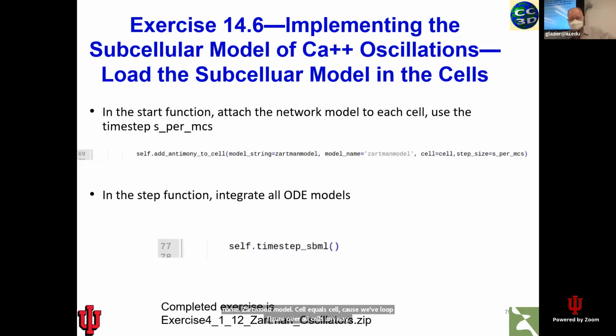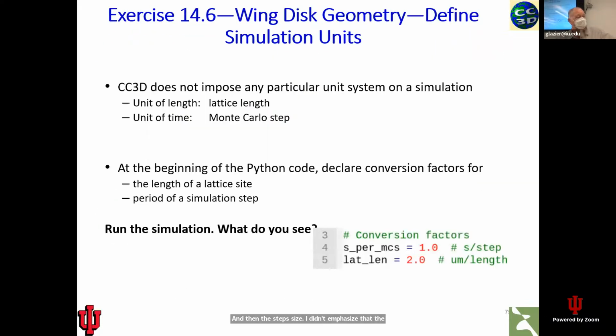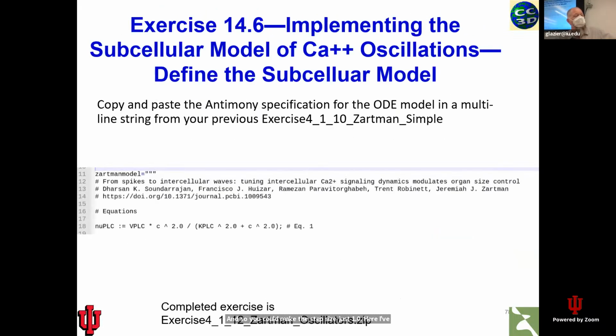And then the step size, I didn't emphasize that. The step size is going to be given here. The step size is just 1 second per Monte Carlo step. And so you could make the step size just 1.0. Here I've created a parameter to hold it.